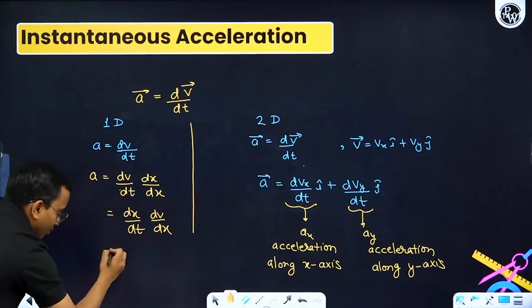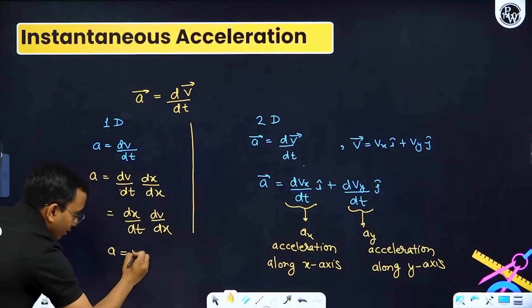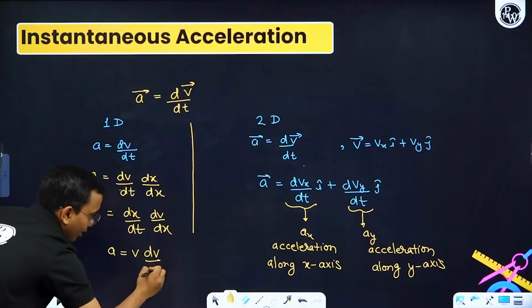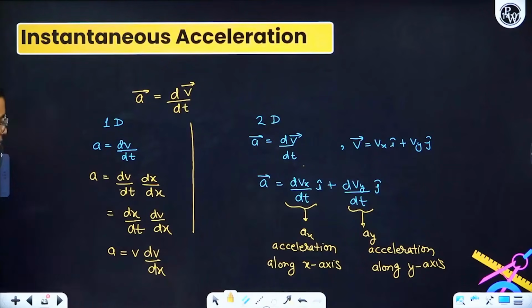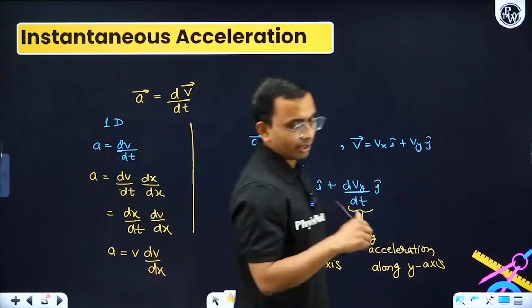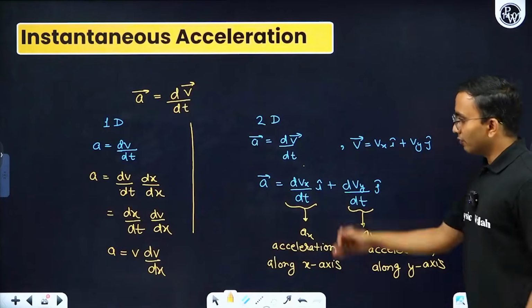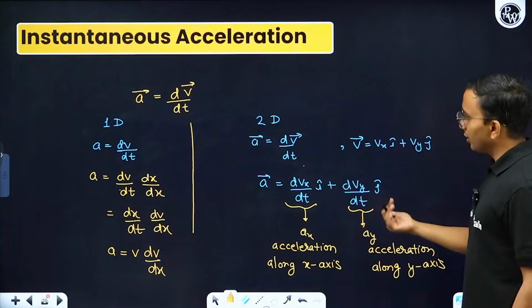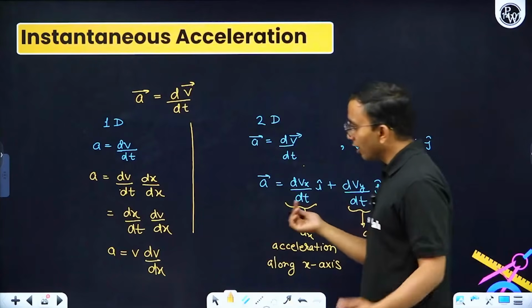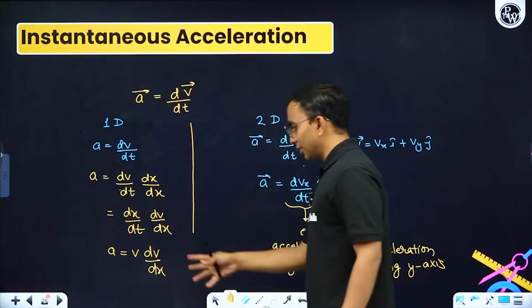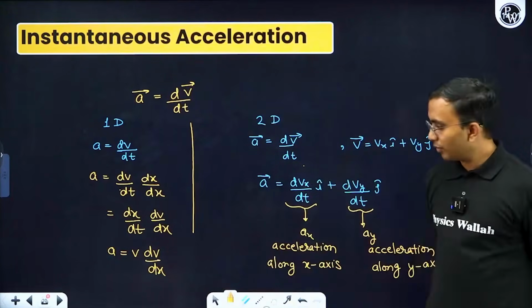So this is the expression of acceleration in terms of position, in terms of x, in 1D. And if you want to write it in 2D or in 3D, in general, it will become v dv by dr. Instead of dx, it will become dr there. Okay, simple.